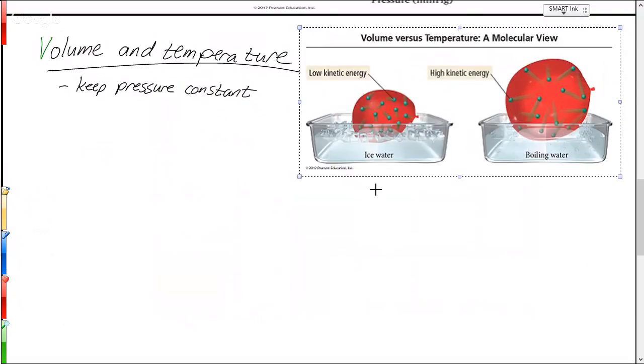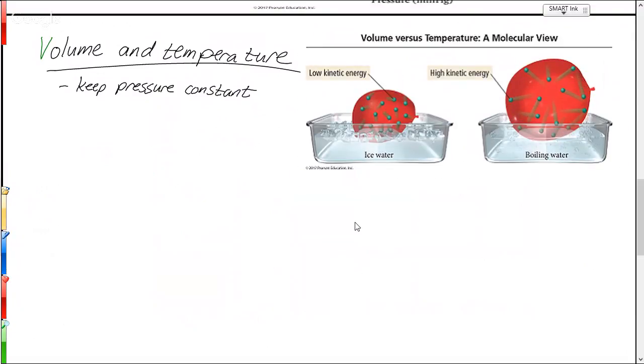So you've got your gas molecules in there. In ice water, it's going to be small. In boiling water, the molecules are going to be moving a lot more, and so the container expands to accommodate them. This one's pretty intuitive. You can just think about it as gas expands, which means increases volume, when heated, and heating increases temperature.